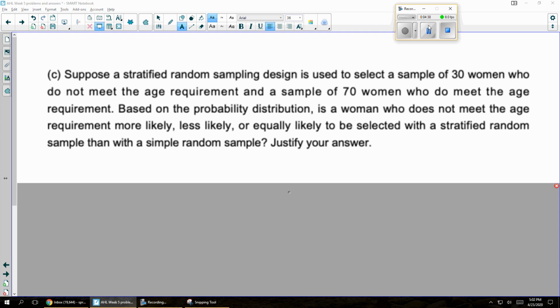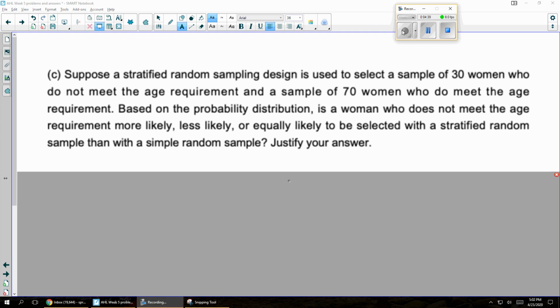What do you think? One of the things that I think is hard about the AP test is getting through the words. So if you struggle with the words, read the problem a few times, and I bet it's not as difficult as you might think.